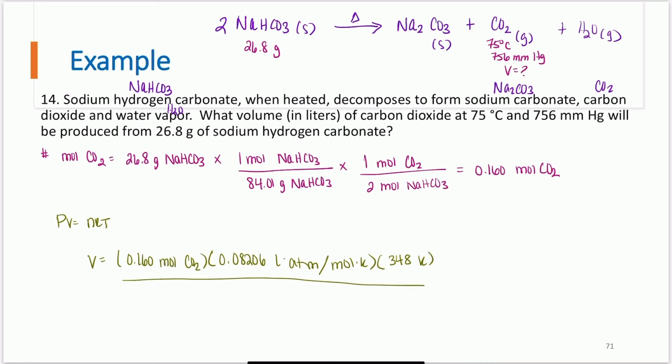And pressure, 756 millimeters of mercury. Convert that to atmosphere. Gives me 4.59 liters of CO2.